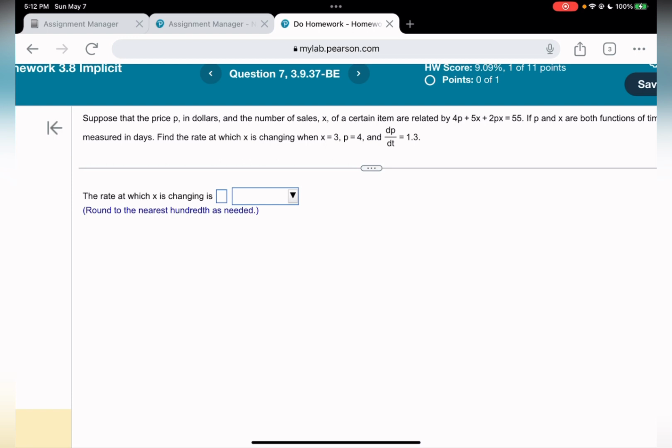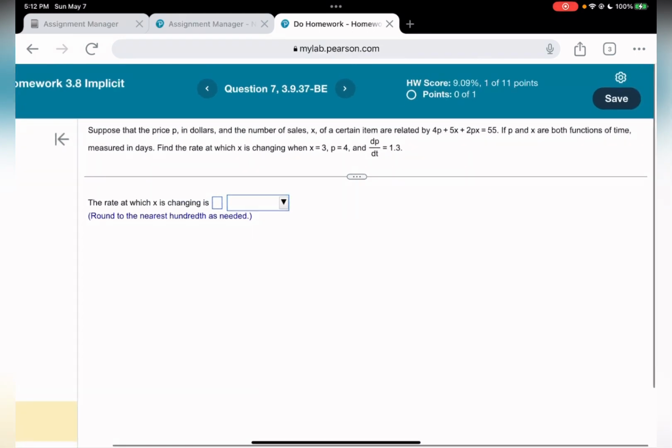If P and X are both functions of time measured in days, find the rate at which X is changing when X is 3, P is 4, and the rate of change of price is 1.3.